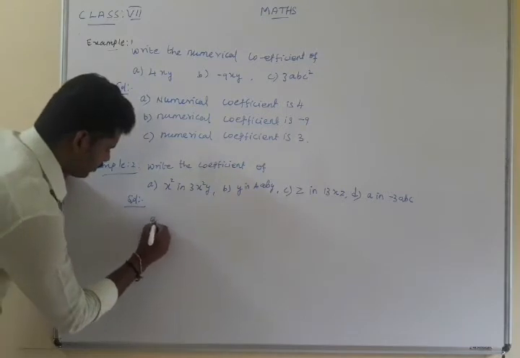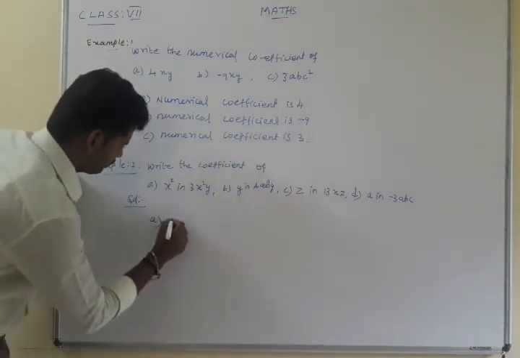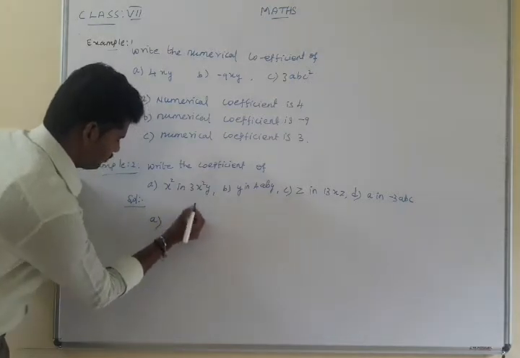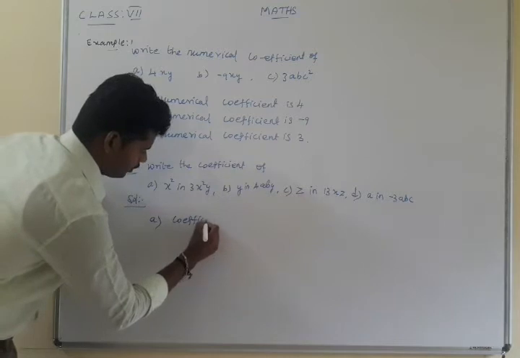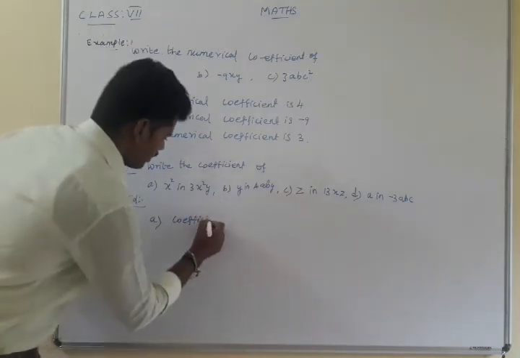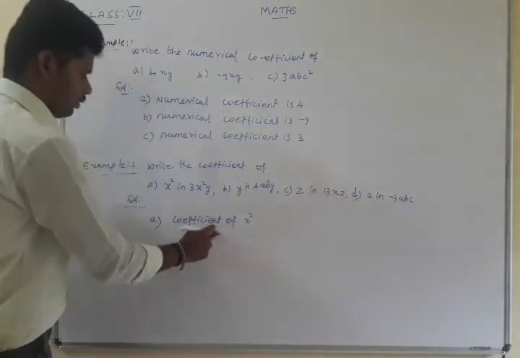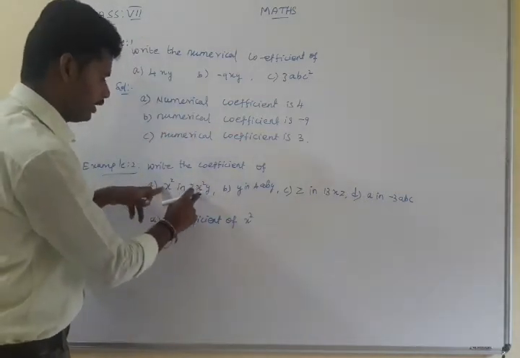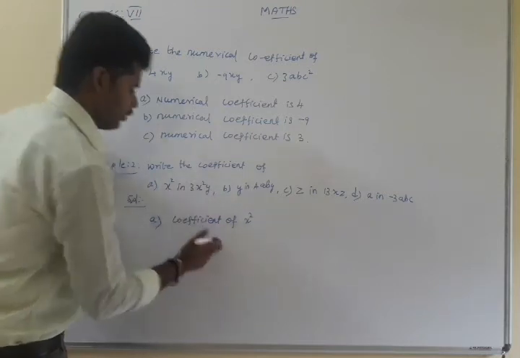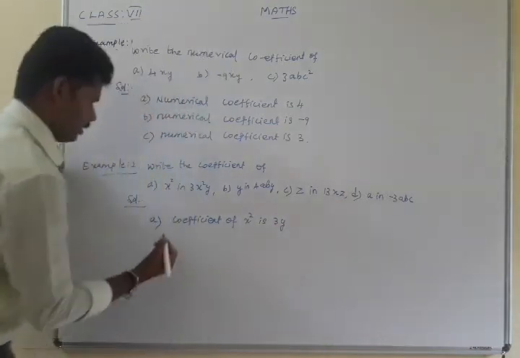So A, x square in 3x square y. Coefficient of x square means take the remaining term only. Here the remaining term is 3y.